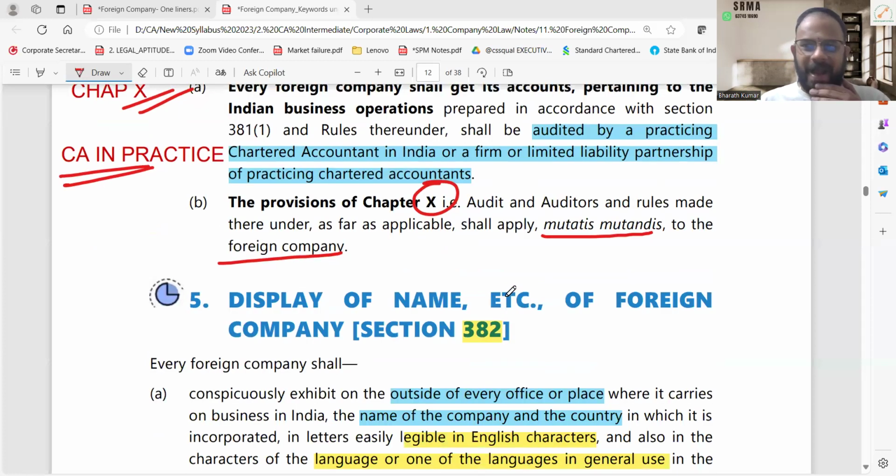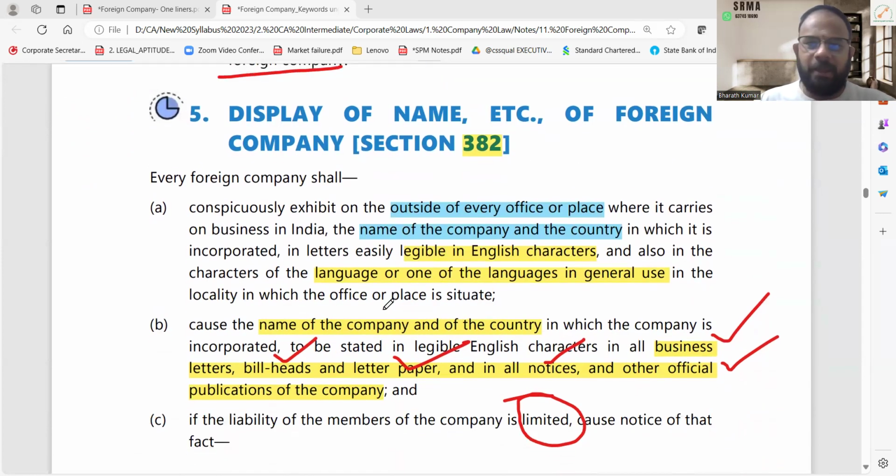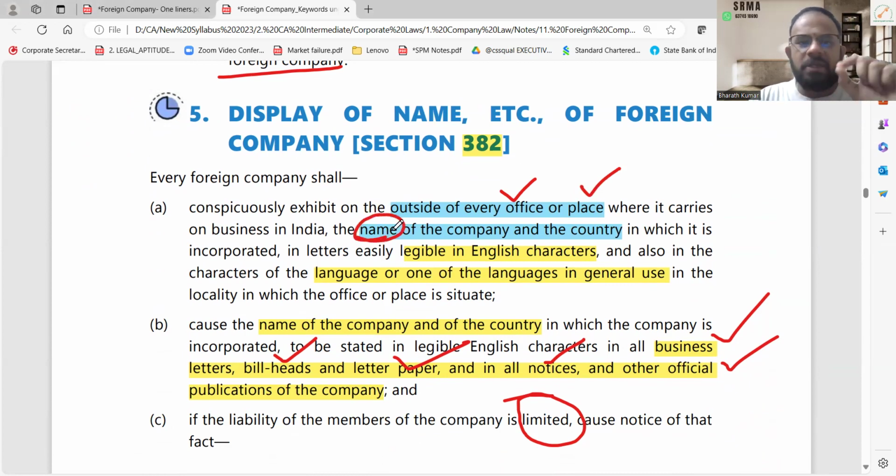Now the other point in this chapter is display of the name of the foreign company. Where will you display? Outside of every office, outside of every place where you are carrying on business. What will you give? Name of the company. Please write along with me, make it like keywords. Name of the company, name of the country. Will you do it in English? Yes.